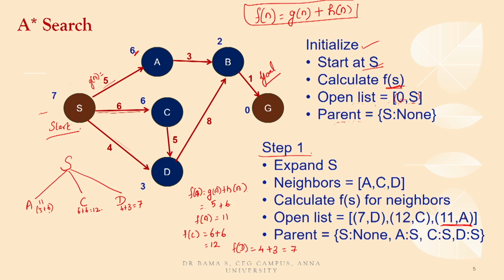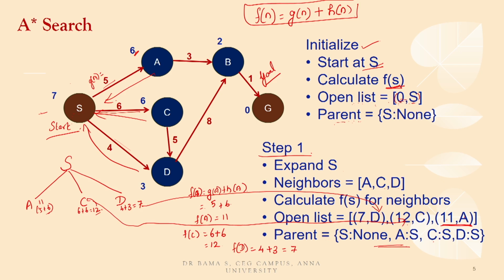So, this is the open list that is being given here, 11 comma A, 12 comma C, and 7 comma D. These are listed in the open list. Now, the parent of A is S, the parent of C is S, and the parent of D is S, that is given here in the parent dictionary. So, this is step 1.